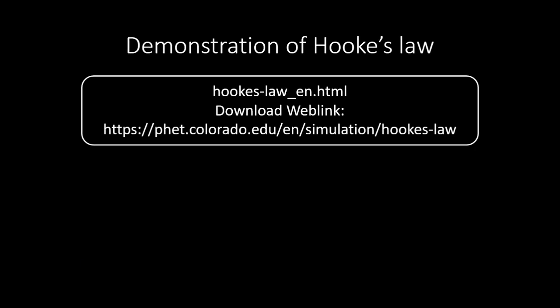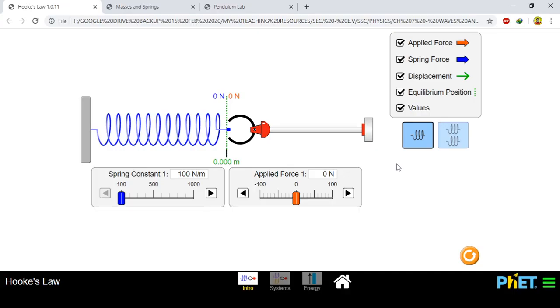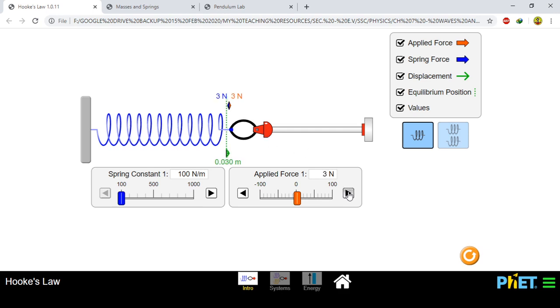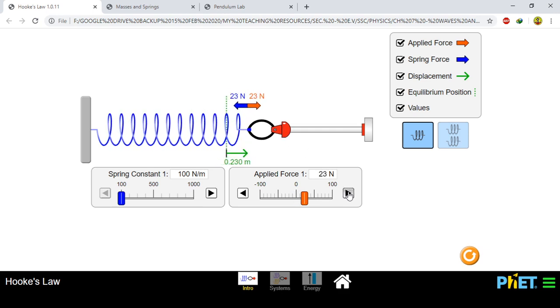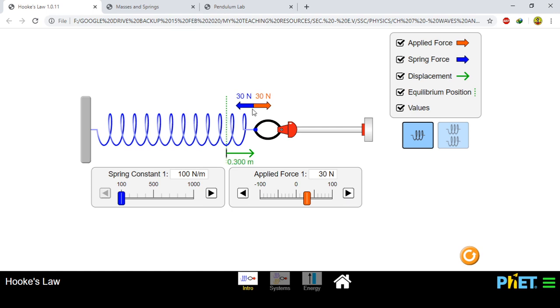Now we will demonstrate Hooke's law using a simulation. Here we see if we apply force on the spring, for example, we are applying now 30 newtons of force. This orange colored force is the applied force. So this applied force has also produced a reaction force inside the spring.